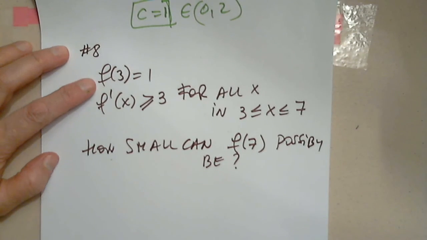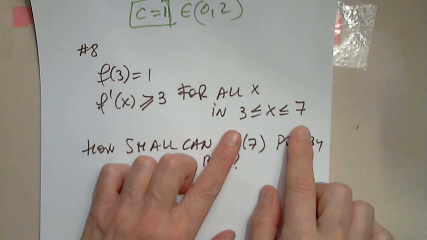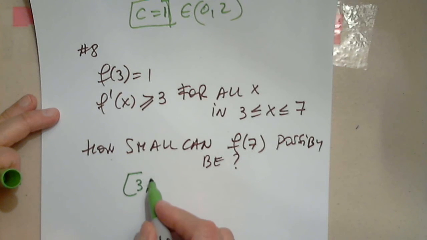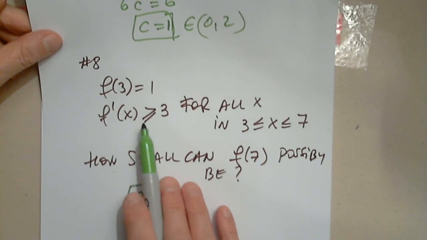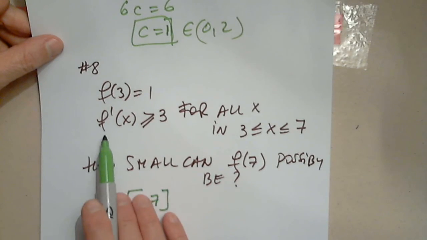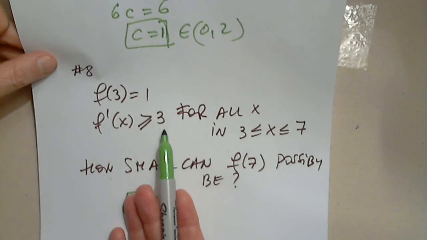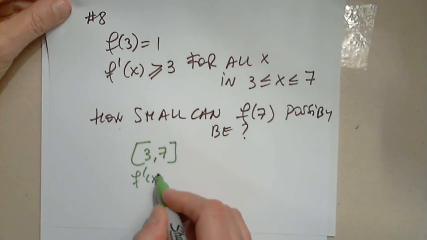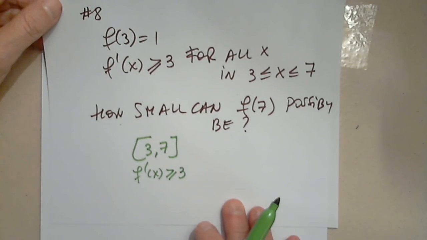Okay, so what we know from here is that we are discussing an interval between 3 and 7. This is what I know so far. If I'm looking at the interval 3, 7, where the derivative is a number greater than or equal to 3, it exists. So f prime is greater than or equal to 3 for all this interval.